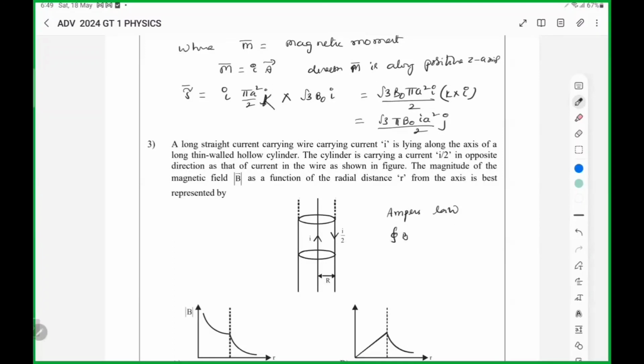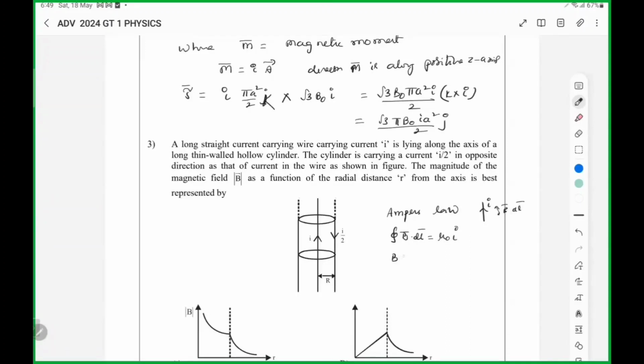Integral B dot dl is equal to mu naught I. Once current I passes through this wire, the magnetic field is along this direction, and dl is also in the same direction.